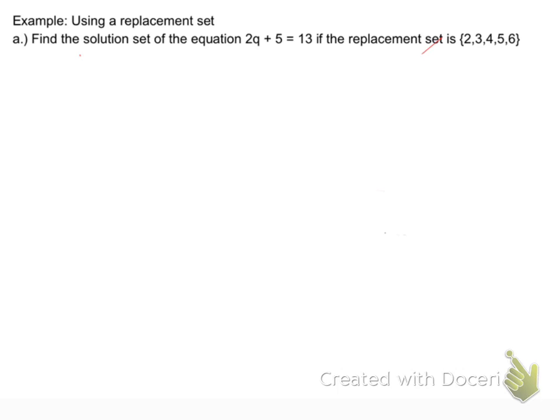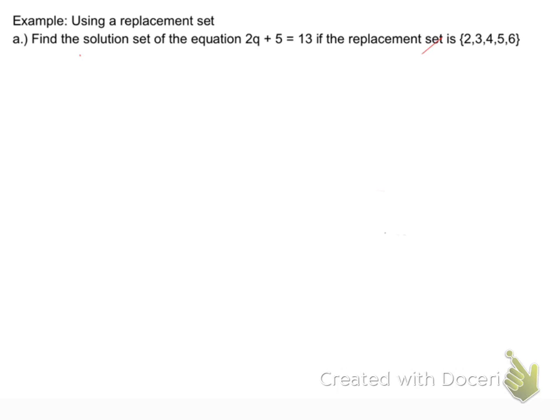The only thing I'm asking you to do now is take a look at your replacement set, and plug them in, play coach, and then tell me which ones work. Mr. Konchak, do I have to test 2, 3, 4, 5, and 6? And the answer is going to be yes. Actually, I want to see all of them.